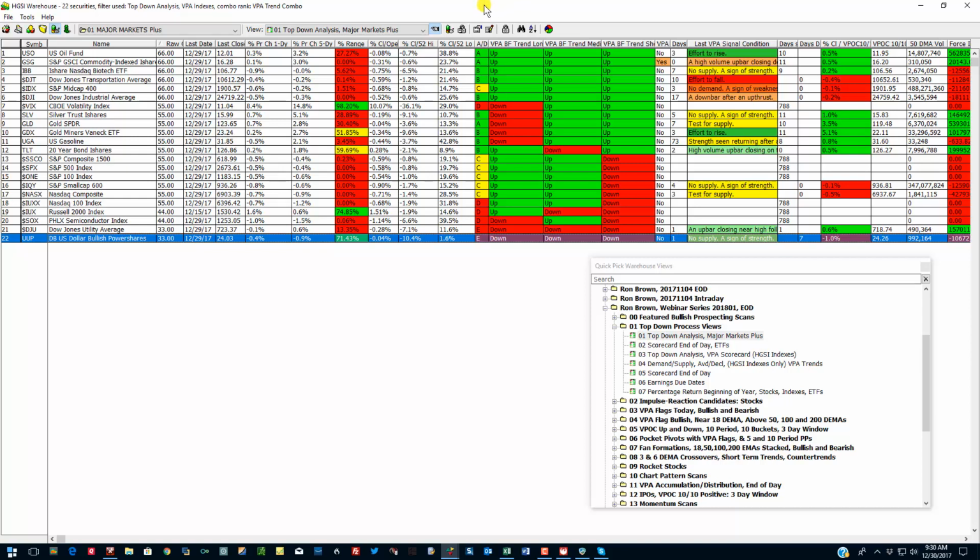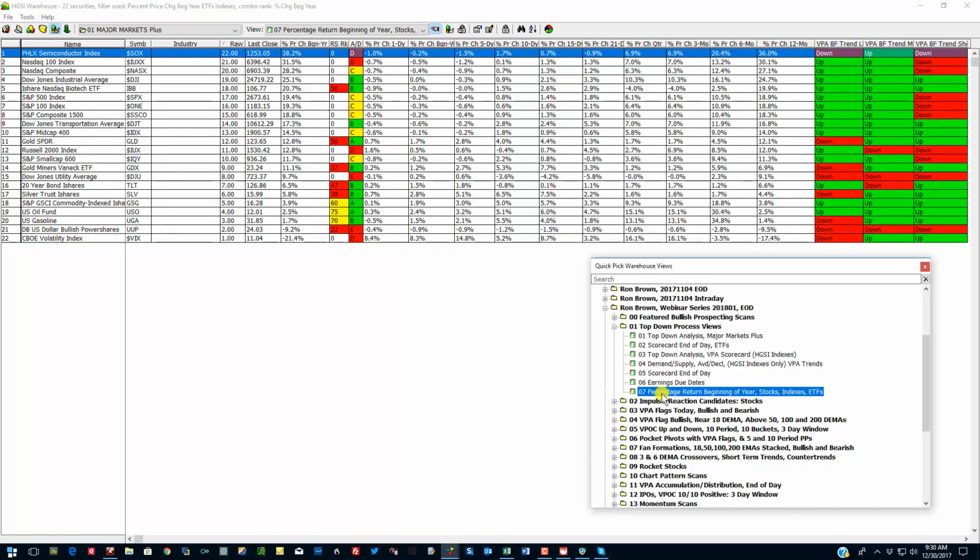Now, while I'm in here, since I'm doing the end of year review, I'm going to just stay in this major markets plus, and I'm going to click down here on the percent return beginning of the year, and this is sorted on the percentage price change beginning of the year.